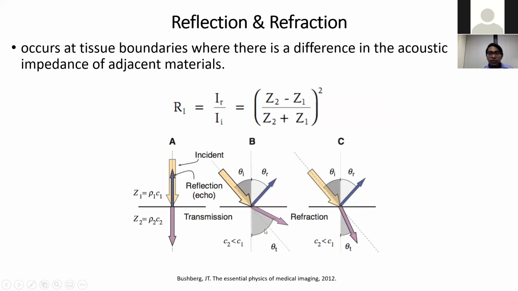If medium 2 has a higher speed of sound, the angle of transmission is larger than the angle of incidence. If it's lower, the angle of transmission is smaller than the angle of incidence. That is called refraction. It's very similar to the refraction of light, where sine theta 1 divided by sine theta 2 is equal to V1 divided by V2.